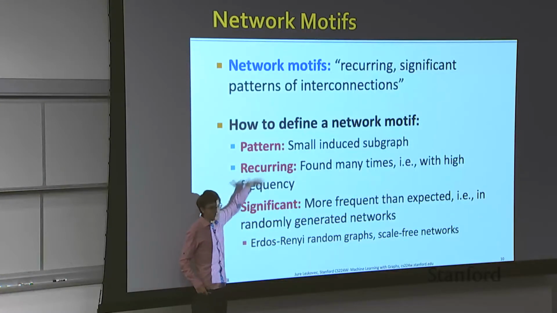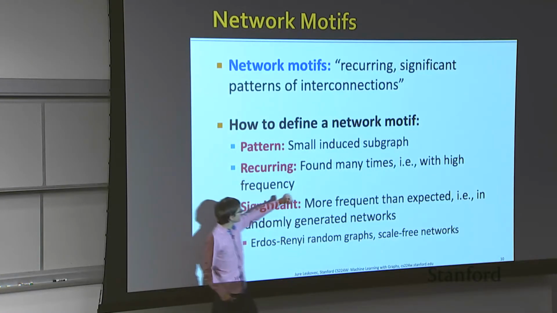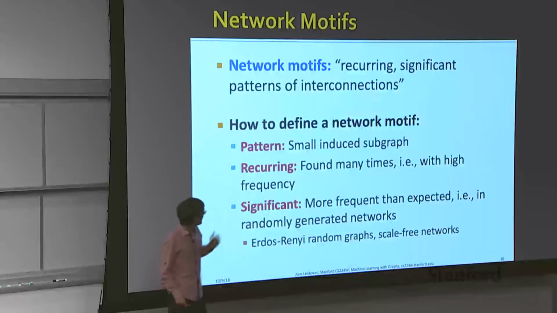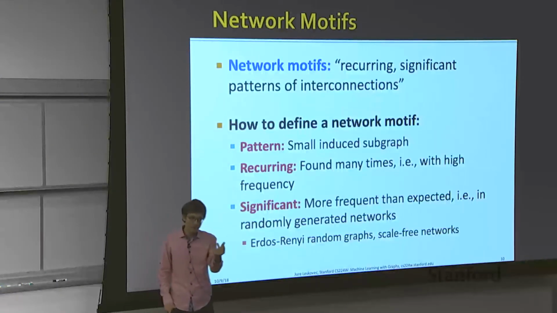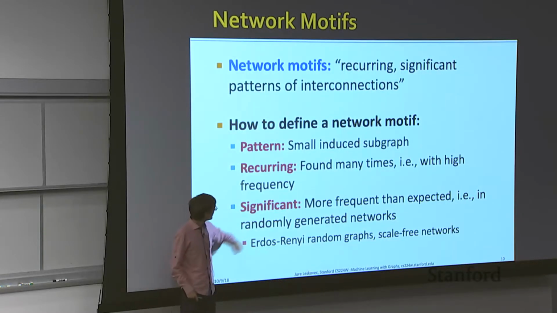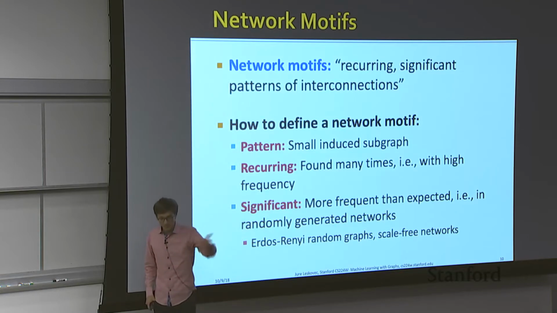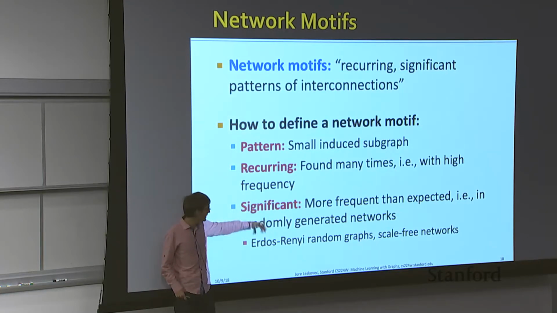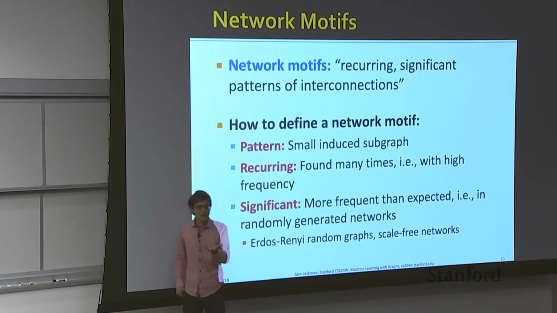First, we need to define what we mean by a pattern. By a pattern, we mean a small induced subgraph. Okay? Induced means if you have a set of nodes, then you take all the edges between that set of nodes. Okay? Recurring means that it occurs multiple times, right, with high frequency. And then significant means it's more frequent than expected.